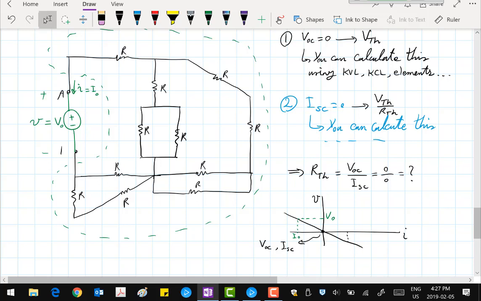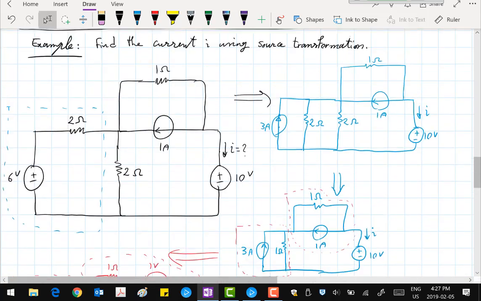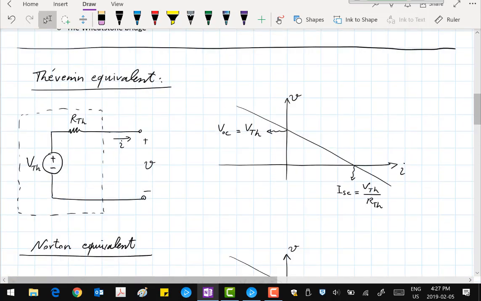All right, so, well, now, what should the value of V naught and I naught be? V naught can be anything, and I naught will be proportional to that. And how do I calculate R from here? Well, simple. The curve for this is simply V equals V Thévenin minus R Thévenin I, right?